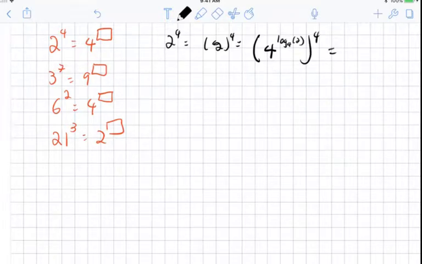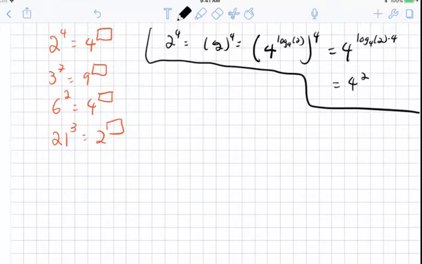Let me try calculating that. ln 2 divided by ln of 4 times 4. So this is equal to 4 to the 2. That's fun, right?